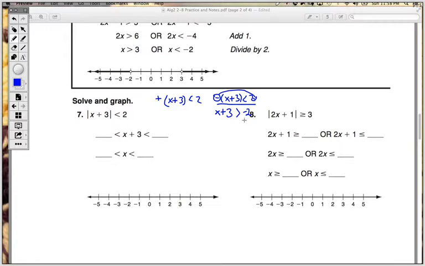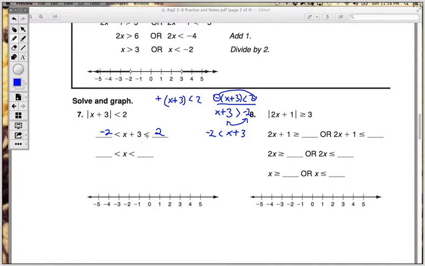And then they say, wait a second, let's just write it in the reverse order. So they flip these sides and they would say negative 2 is less than x plus 3. So that's how we get to this point here. x plus 3 is less than 2, like normal, but it's also greater than negative 2.